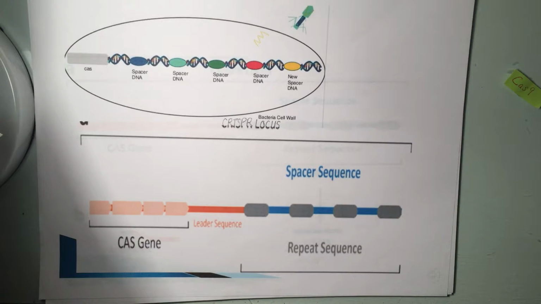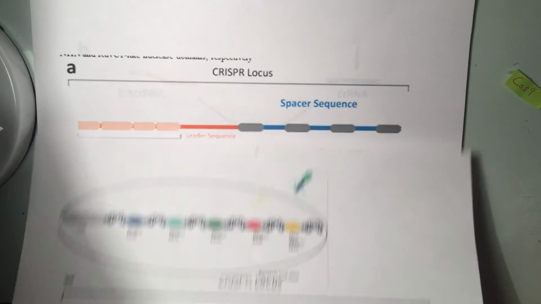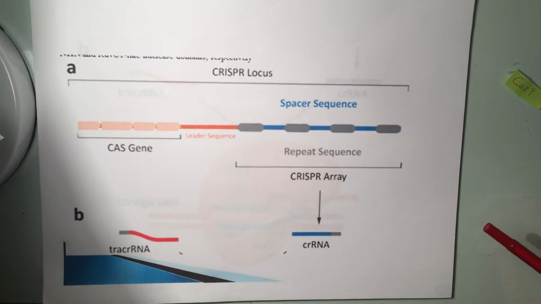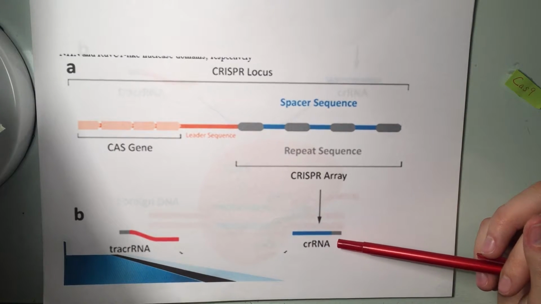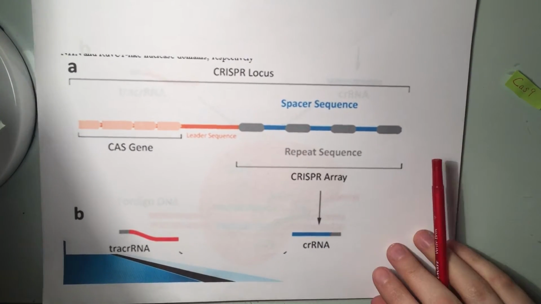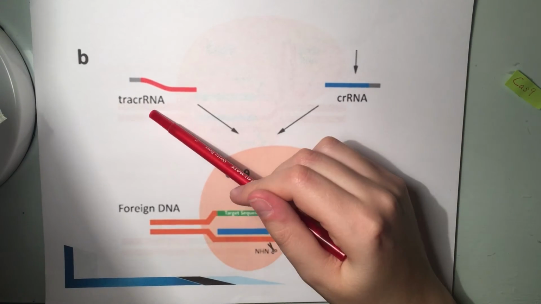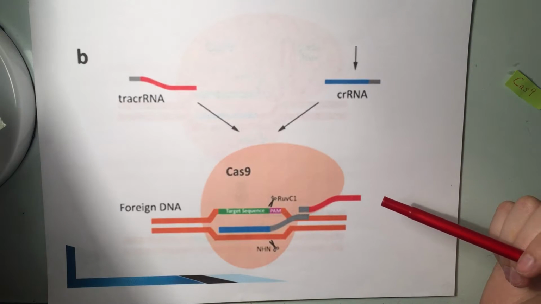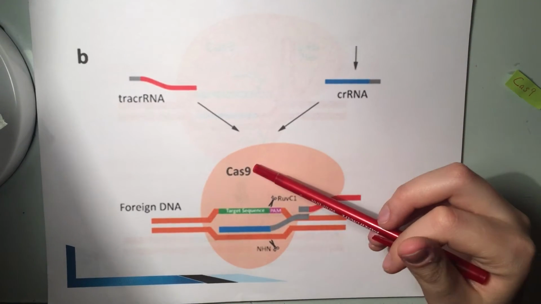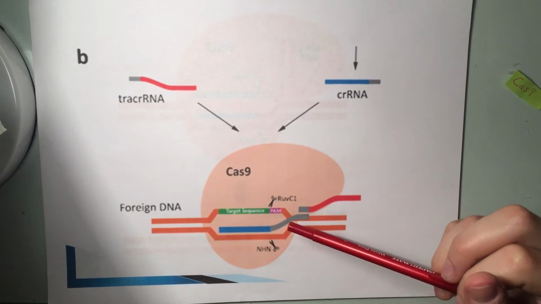A spacer creates a template that forms a CRISPR RNA, or crRNA, and the crRNA then binds with a trans-activating crRNA to direct the Cas9 nuclease to a complementary DNA.